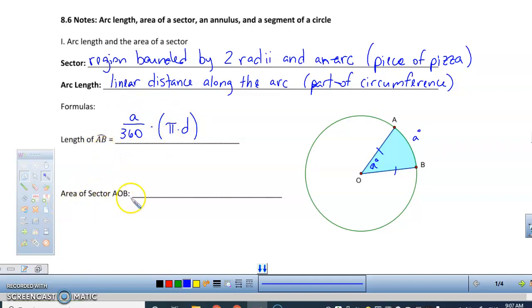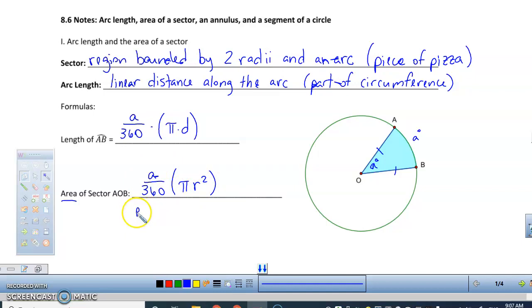You can use similar logic here. For finding the area of the sector, this central angle tells us what portion of the circle this sector represents. So again, we're going to use that same fraction. This is the portion of the circle, but this time we're doing an area. So it's the part of the whole circle area, which we know is pi r squared.